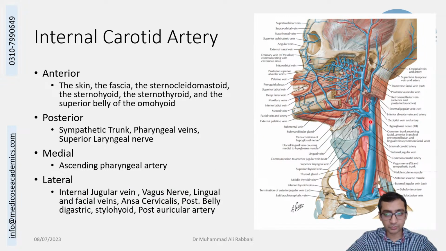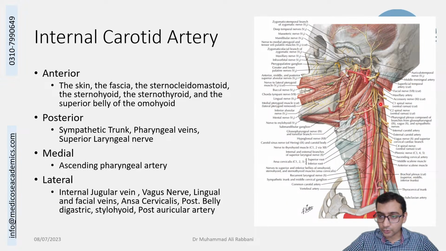Almost all the veins, like the facial vein, lingual veins that are making the common trunk, the thyroid veins, inferior thyroid veins, all of these are crossing the artery laterally, and a lot of the nerve branches, the chief ones including the hypoglossal nerve and this ansa cervicalis, and of course there are a lot of pharyngeal and laryngeal branches.